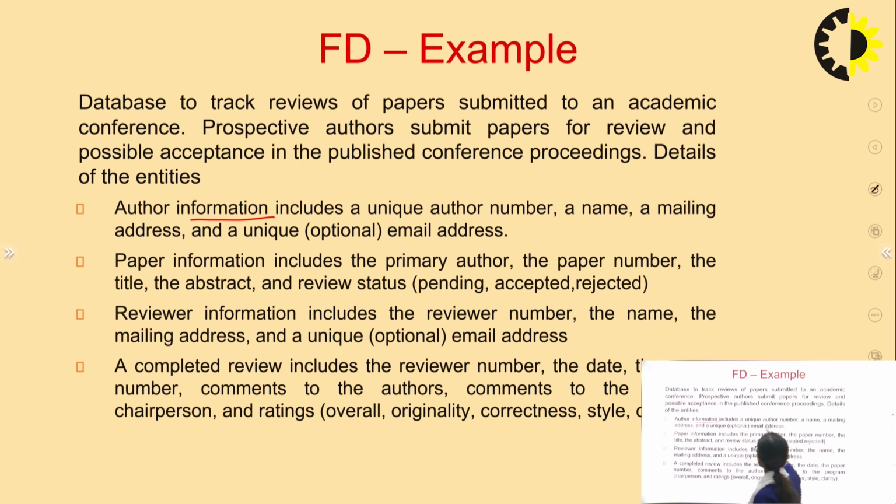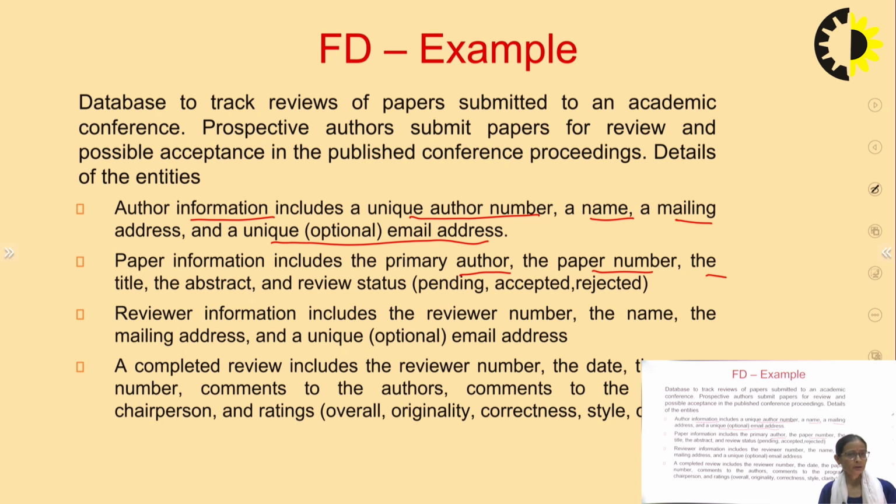It includes a unique author number, name, mailing address and unique email address. Sometimes some conferences demand paper information, which includes primary author information, paper number, title, abstract and the review status, that is whether it is pending, accepted or rejected.